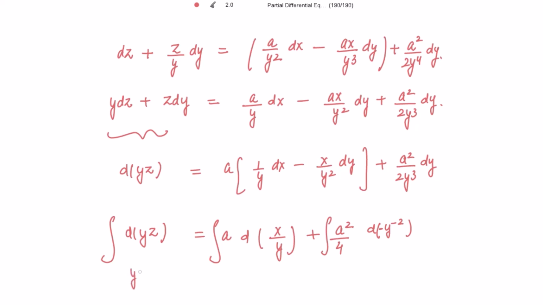So from here I get yz equal to a times x divided by y plus a squared divided by 4, and when integrating this we get minus 1 divided by y squared, plus the constant b. So this is minus a squared divided by 4y squared plus this constant b. b is constant.